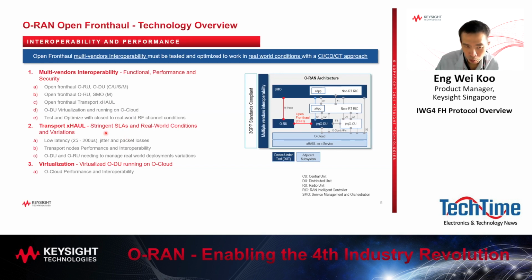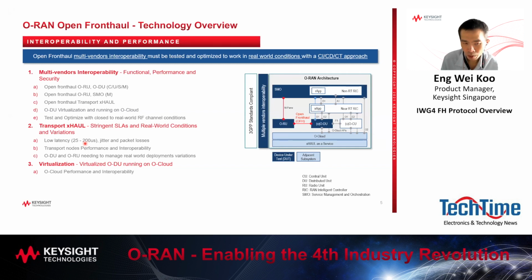On the transport perspective, what is really interesting is that the latency imposed on the transport nodes, switches, and routers will vary between 25 to 200 microseconds. It really depends on the services that you're trying to run.